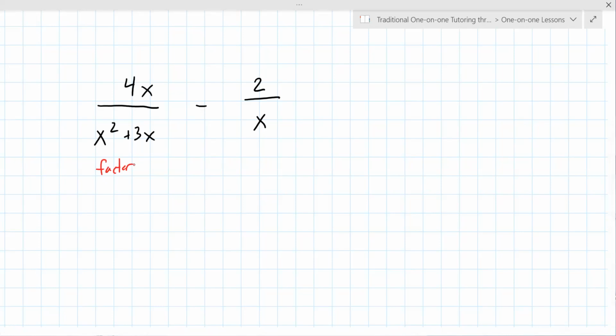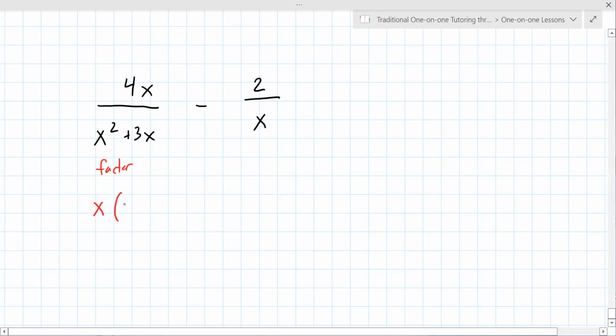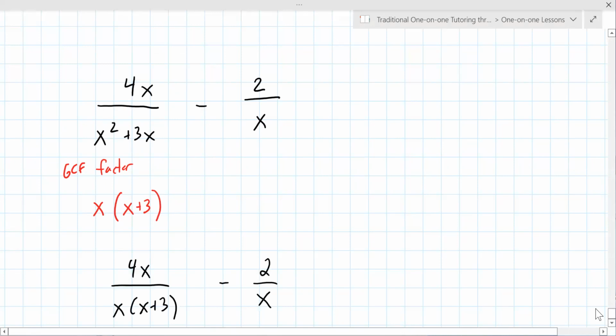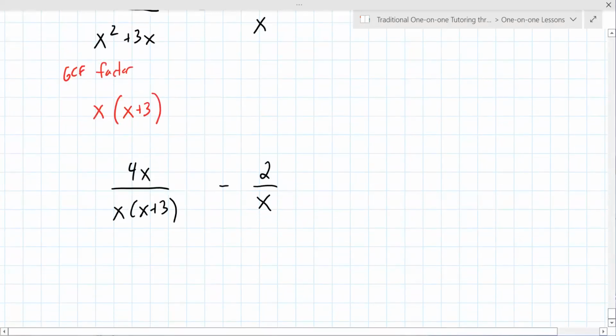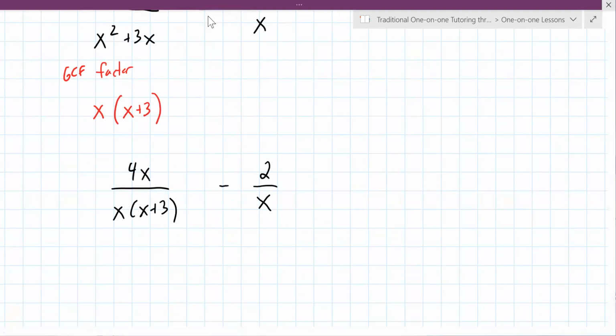It would be x and then... So this is a GCF, greatest common factor. Okay. 4x over x times x plus 3. Now what is the common denominator here based on what you're seeing? x times x plus 3.